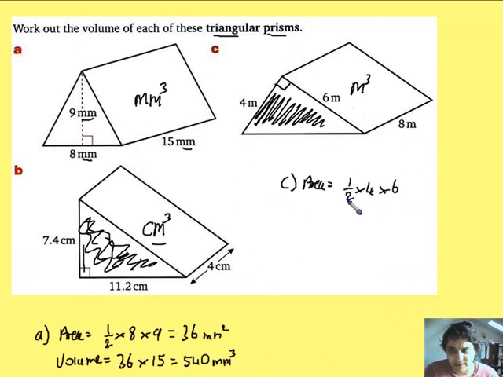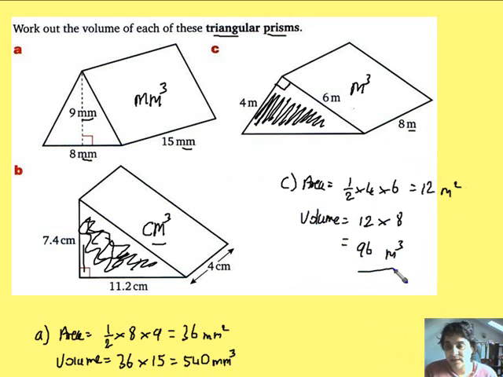It's 4 and the 6. Half times 4 is 2. 2 sixes are 12, and we're in meters squared. It's an area. So the volume is going to be the area of the front multiplied by the depth in which it goes, and that's going to be 96 meters cubed. 12 eights, 96, and that's that.